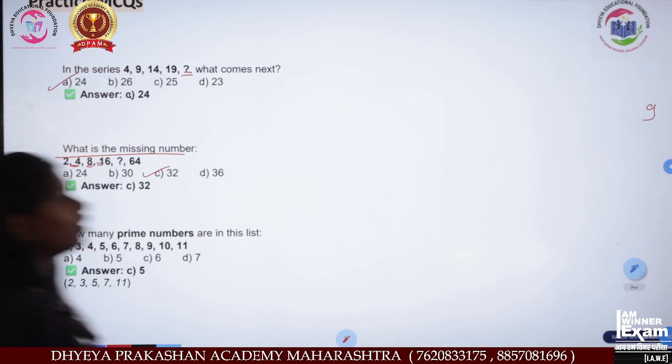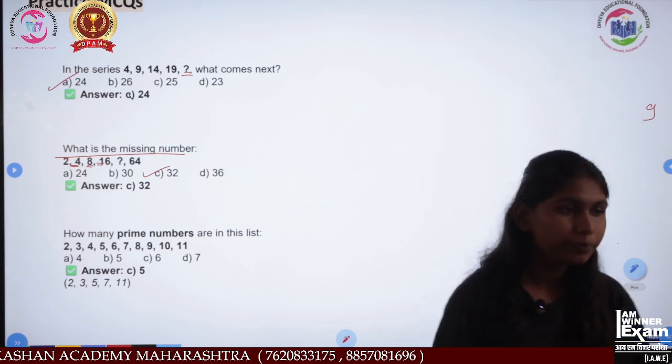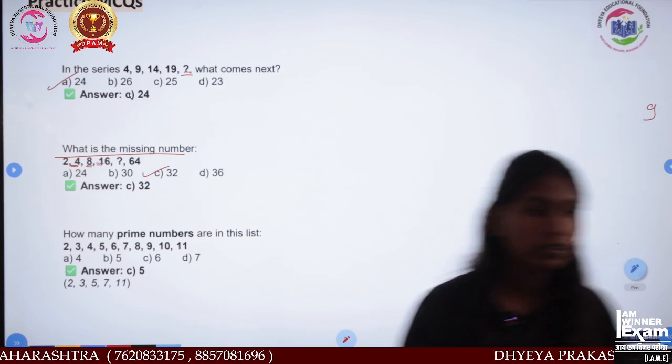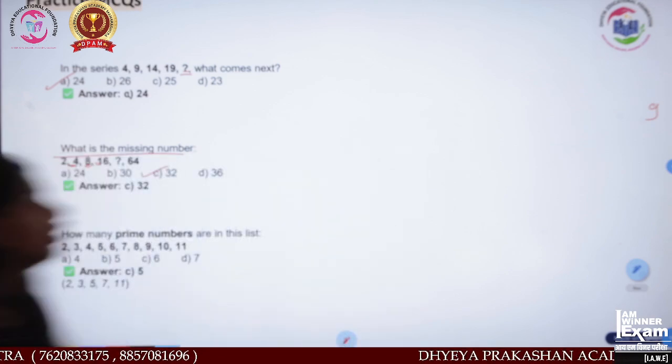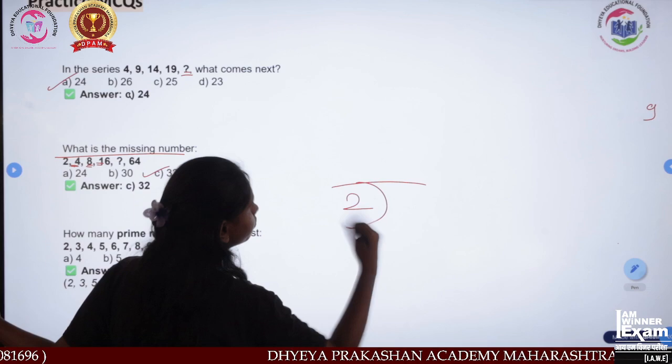Now you have to take every single number and find whether the number is divisible only by itself, or whether another number also divides it. So let's suppose 2.